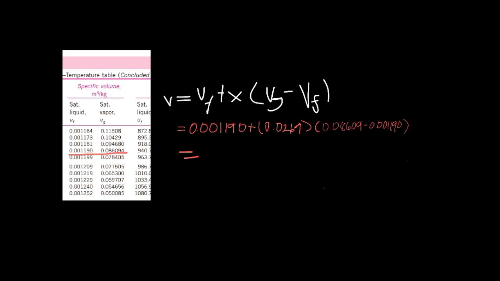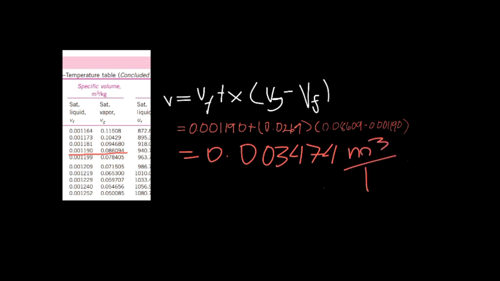So our specific volume is 0.03474 cubic meter per kilogram.